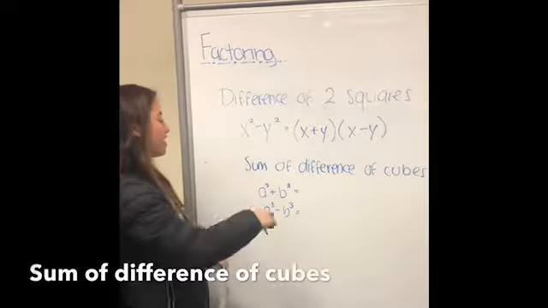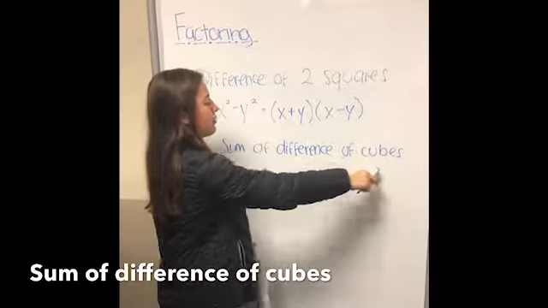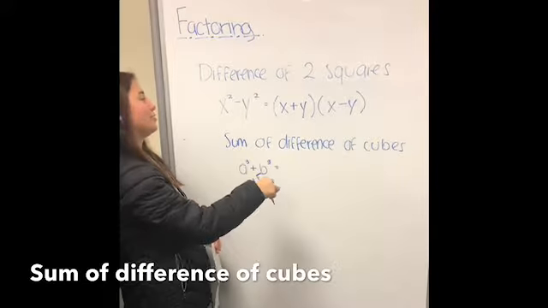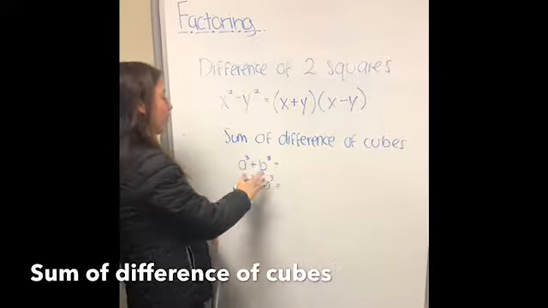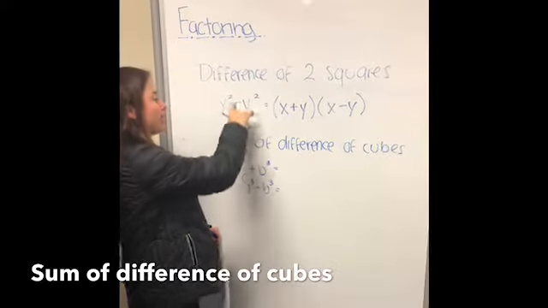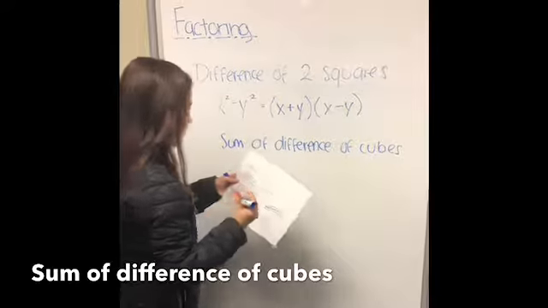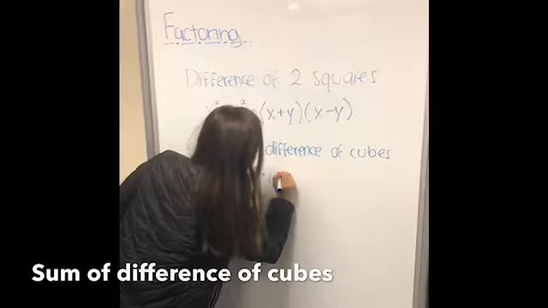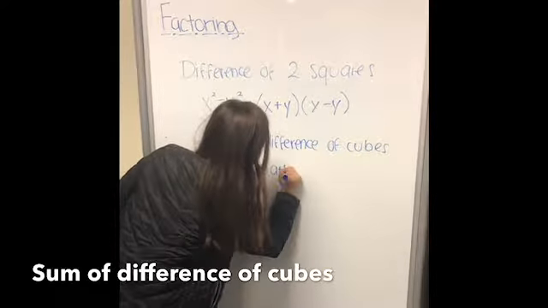The other formula is the one of sum or difference of cubes, and you also have to have two terms, but in this one it is cubed instead of squared, and then you have to put a plus b.